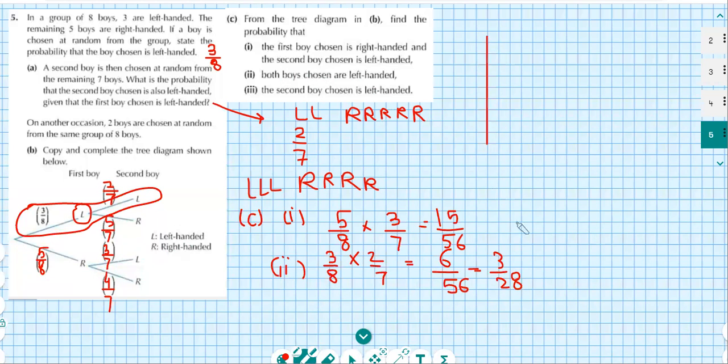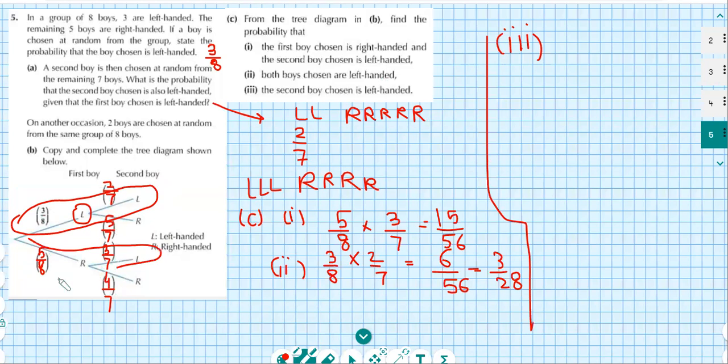Third part: the second boy chosen is left-handed. So there are two branches. This one, the first one, is left-left. The second boy chosen is left-handed, and this one as well, right-left.